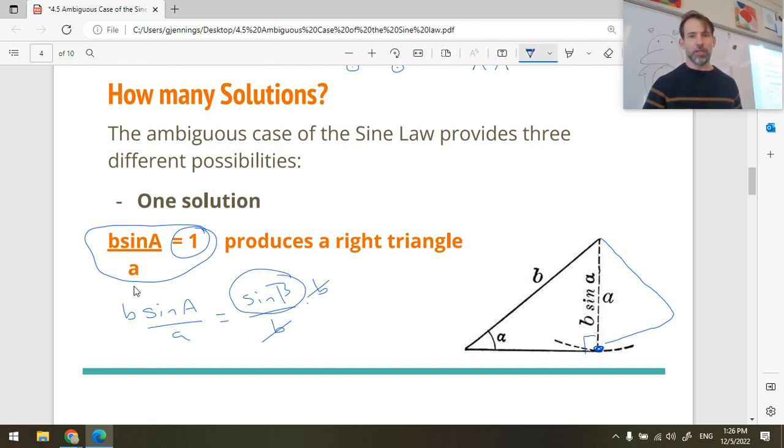And we remember in the unit circle, sine is 1 up here at 90 degrees. So that would create this right angle here. That's what creates a right angle triangle in these exact situations.